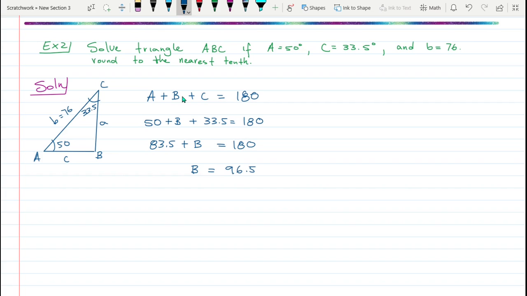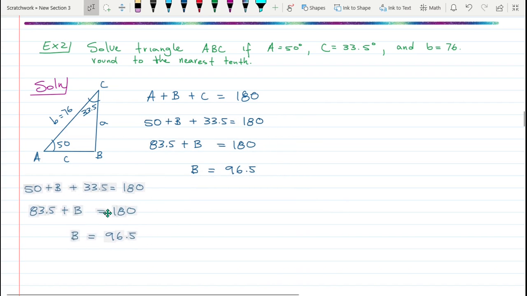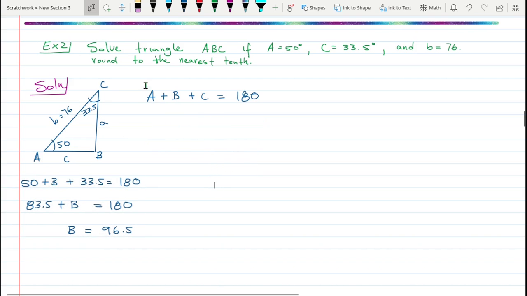Okay, so we found that information using the fact that all angles add up to 180. Now we can begin by using one of the known ratios.